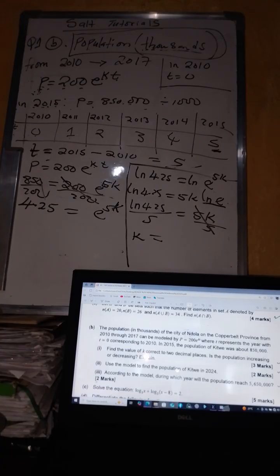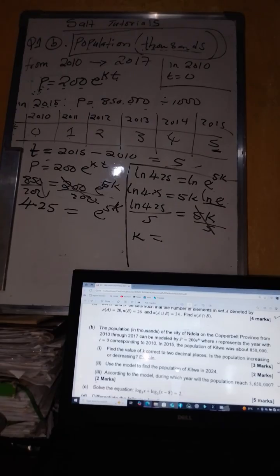So you punch in on your calculator natural log of 4.25, and divide the answer by 5. Do I have a normal calculator?